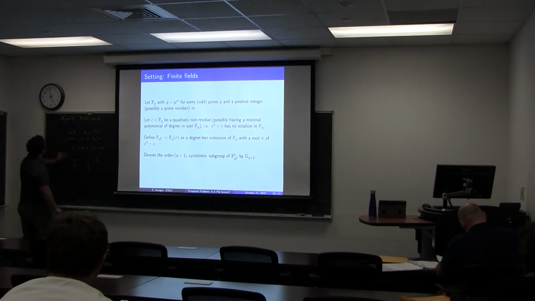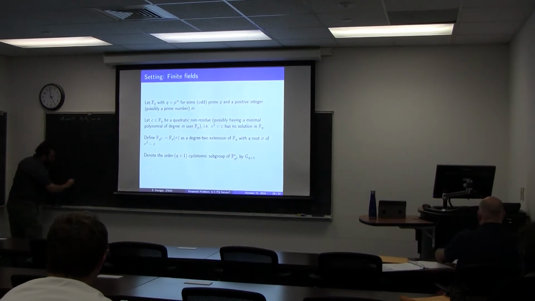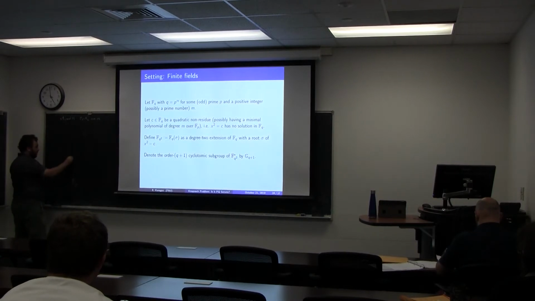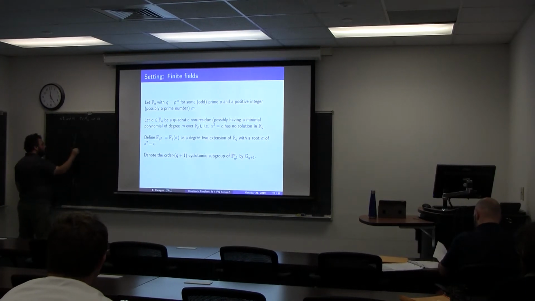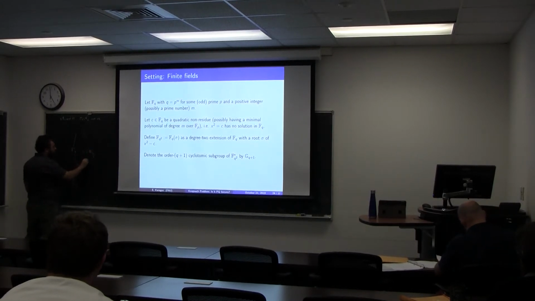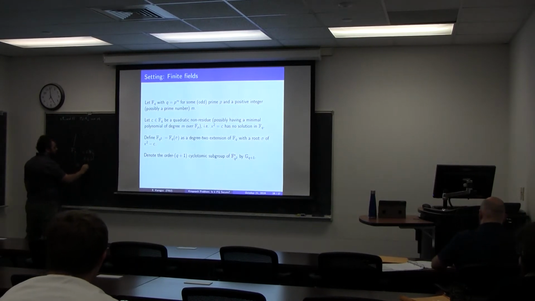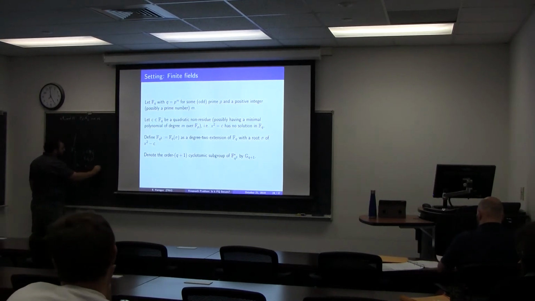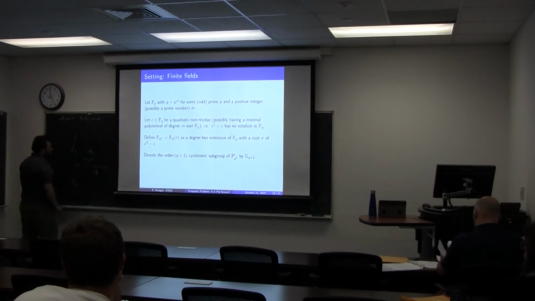Let me draw this. You start with F_p, the base field, the prime field. You go to F_q, the extension degree is m, because q is p to the m. Then you pick an element here, but not a quadratic residue. So x squared minus c has no roots in F_q.